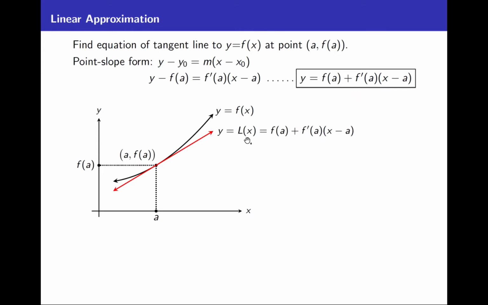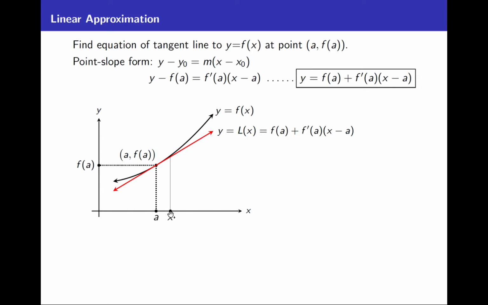We're going to call this linear function L of x. So f of x might be a nonlinear function, but L of x, which is f of a plus f prime of a times x minus a, the equation of that tangent line, that's a linear function. And the thing about this linear function, L of x, is that at least if x is close to a, it's a really good approximation to f of x.